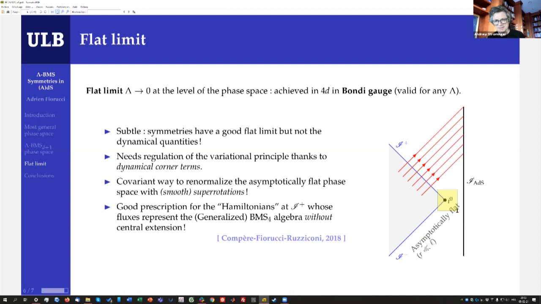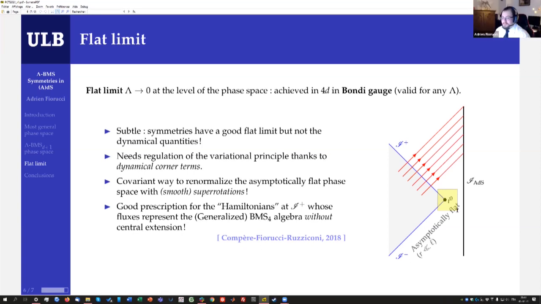And one could generalize that to any dimension. Okay, thank you for the comment. But yeah, it's something we didn't try so far.